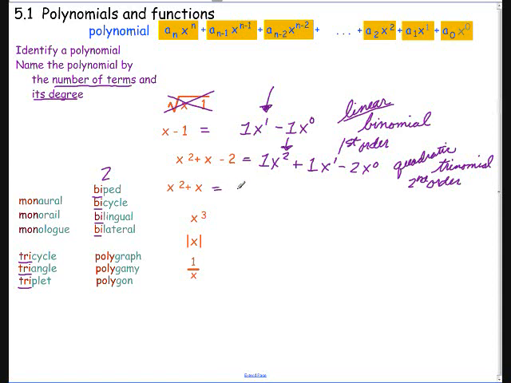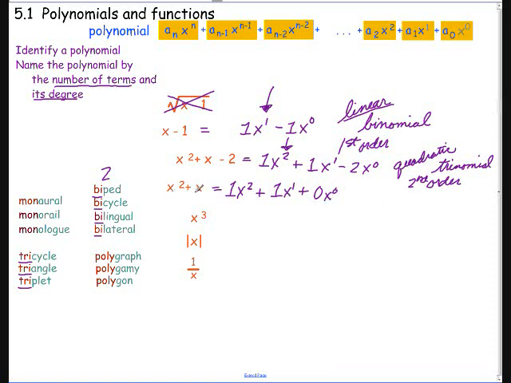How about this one? How do we write this? Well, this could be written as 1 times x to the second plus 1 times x to the first plus 0 x to the 0, couldn't it? So it does fit the form.